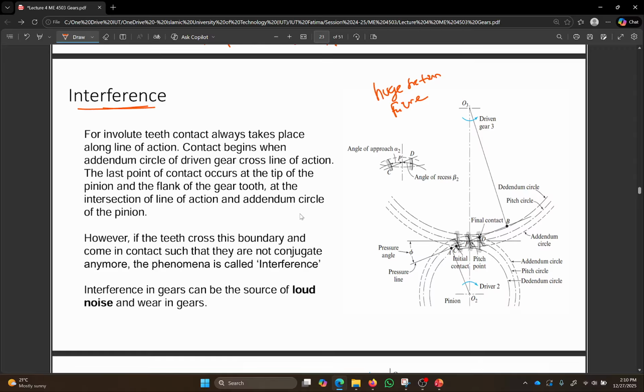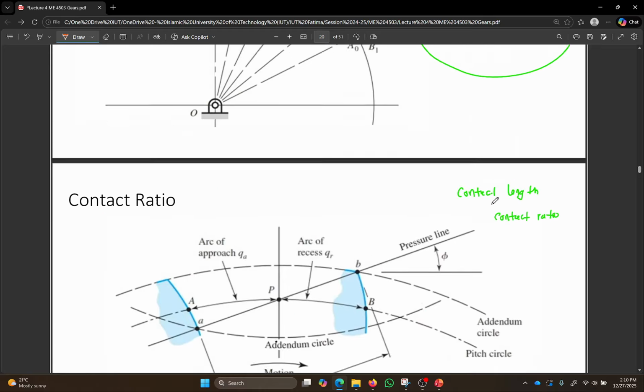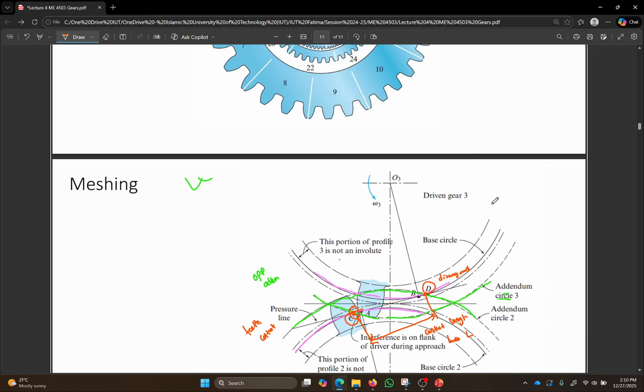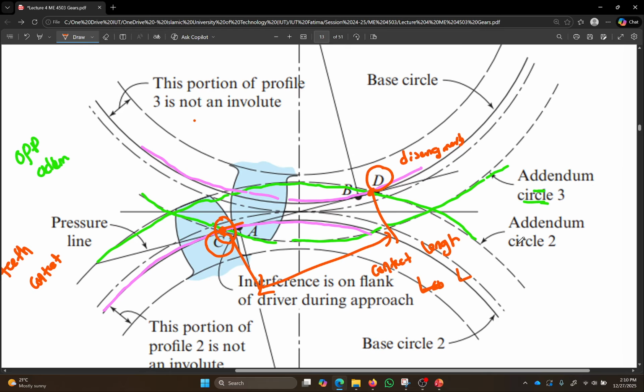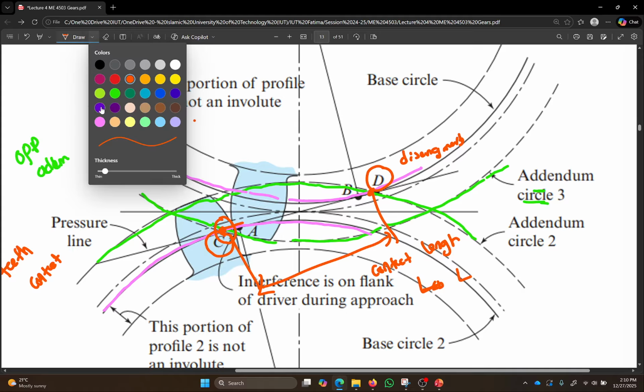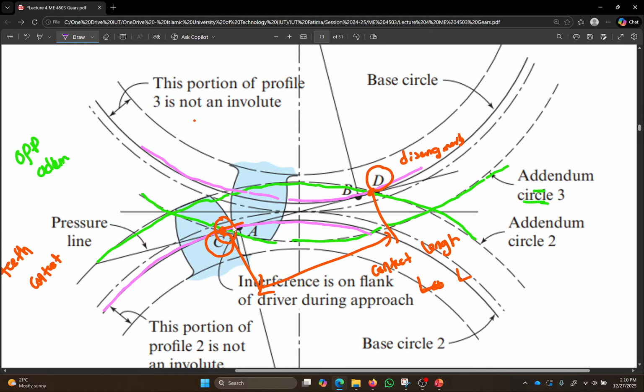I want to go back a little bit to a previous slide because that's the one you're familiar with. We have already reached the conclusion that whenever the addendum circle of one gear meets the base circle of the other gear, that point is the start of tooth engagement.